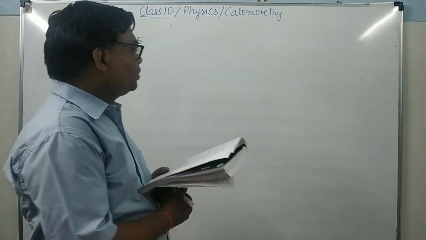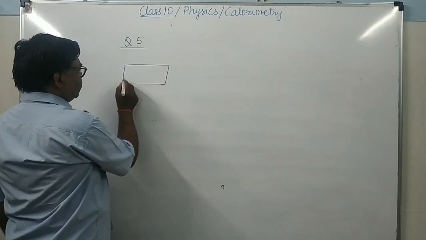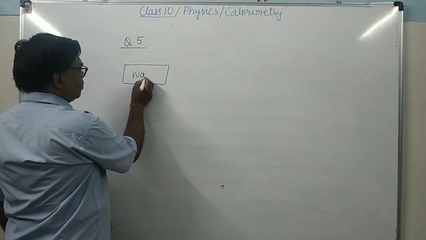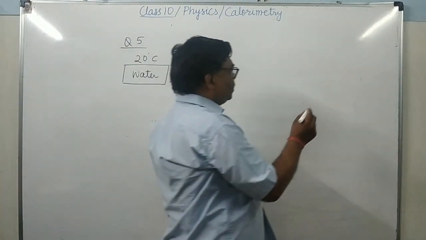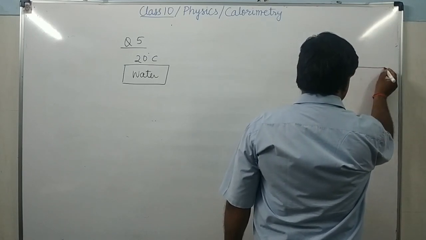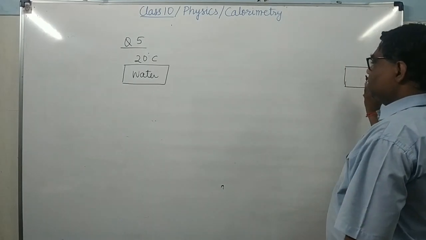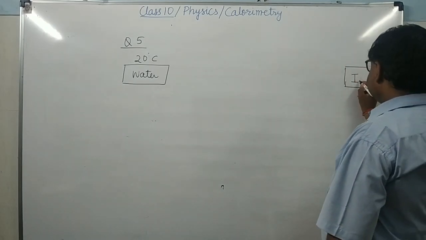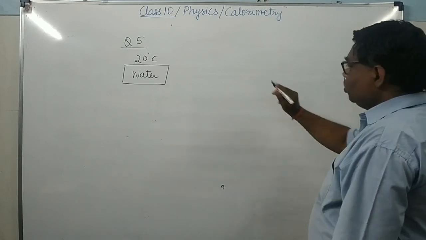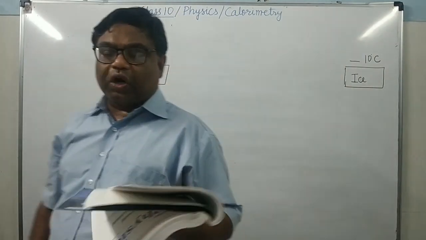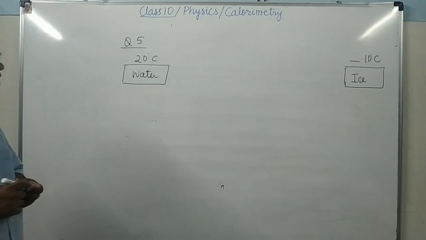It's clear? So first you see what will be the order of change. Initial state is water at 20 degrees Celsius and it has to change into ice at minus 10 degrees Celsius. So this water cannot change into ice at minus 10 degrees Celsius because water is not at its freezing point.